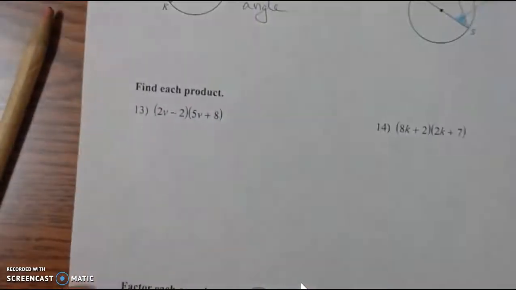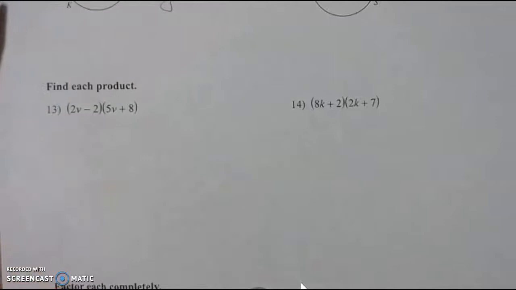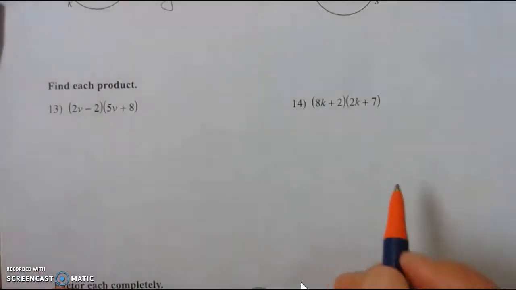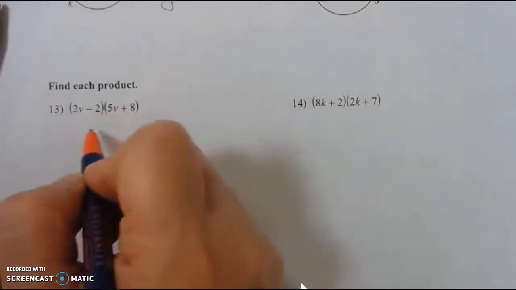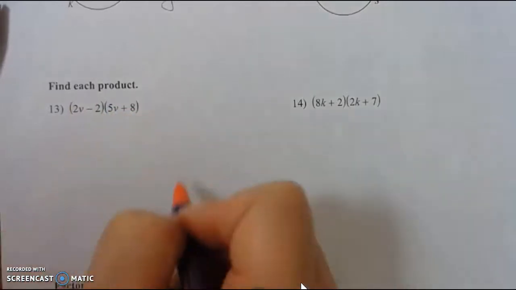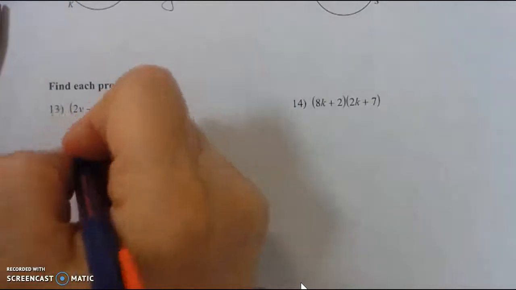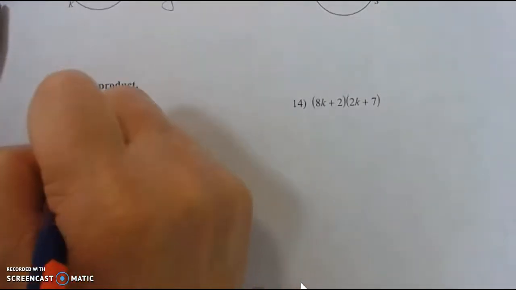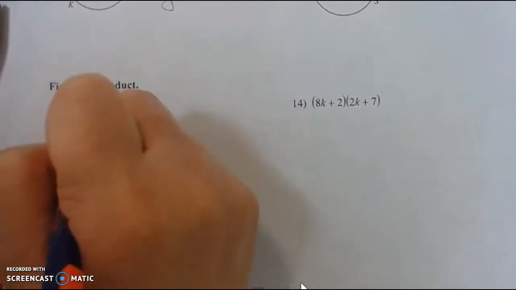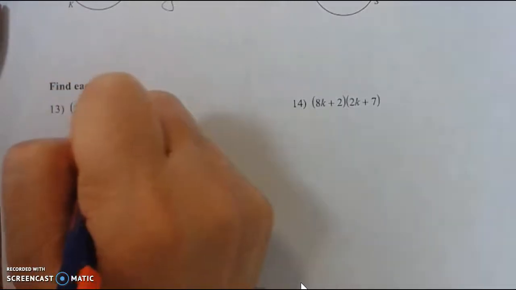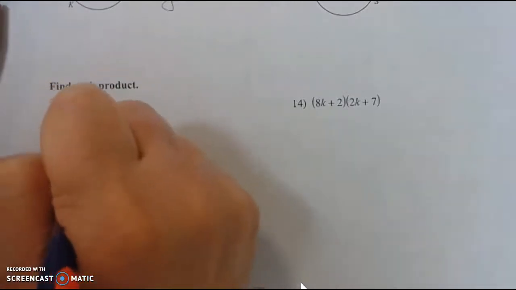Alright. Okay, now let's do some review of multiplying polynomials and factoring. Find each product. Okay, so yes, you can certainly use the area model if that's what you need to do, or you can use FOIL. That's first with first, so 2v times 5v is 2 times 5 is 10v squared.